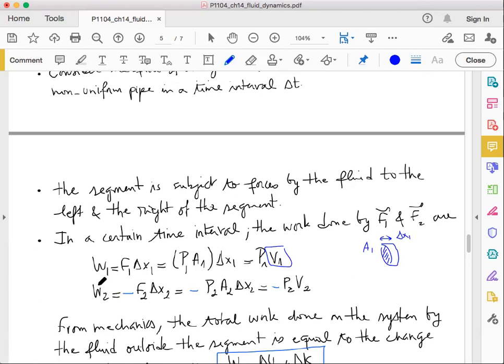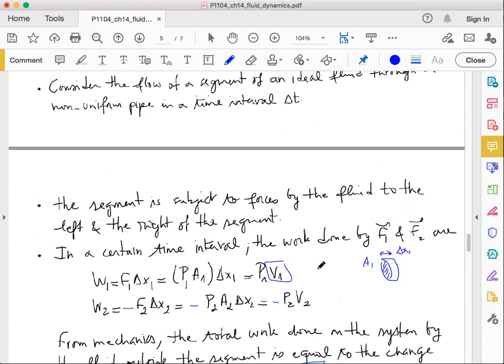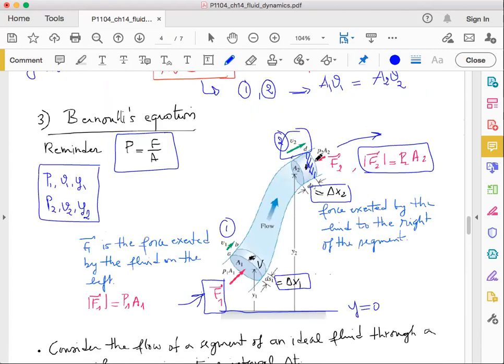At the second side of the segment, we have W2, the work of the force exerted by the fluid to the right on the segment. W2 is equal to the force F2 multiplied by the displacement delta x2, but here we have a minus sign because F2 is in the opposite direction with respect to the displacement. You see the displacement is like that, and F2 is on the opposite side.